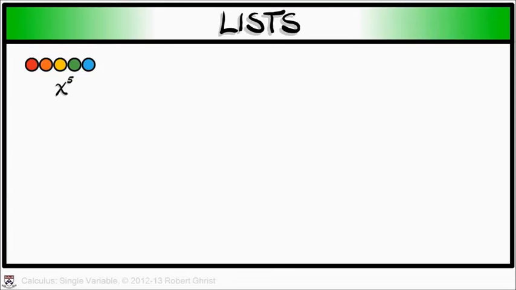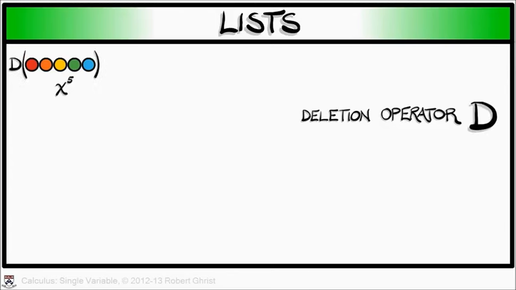Now, how do you take the derivative of a list? Well, that doesn't make any sense, but there are some things that we can do. Consider the following deletion operator, D, that acts on a list and deletes one of the items. What is D of this 5-item list?